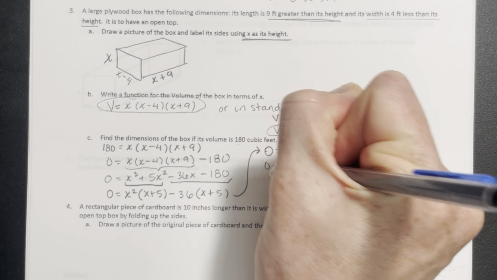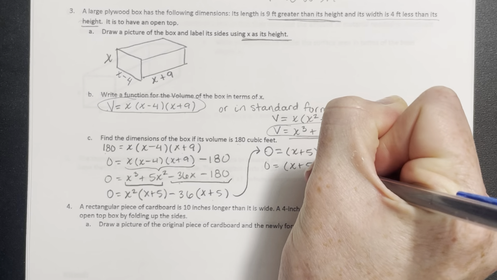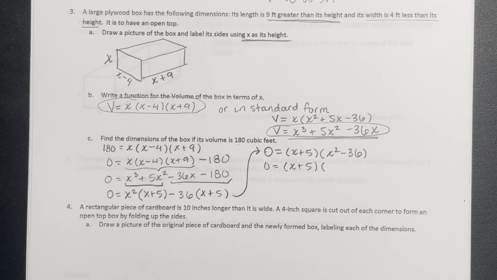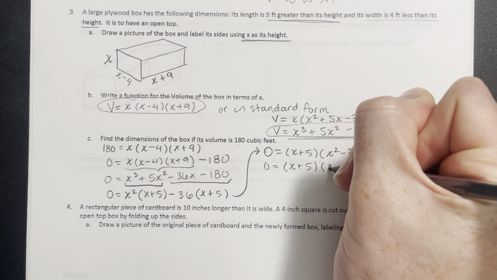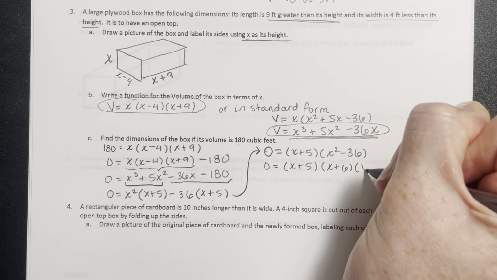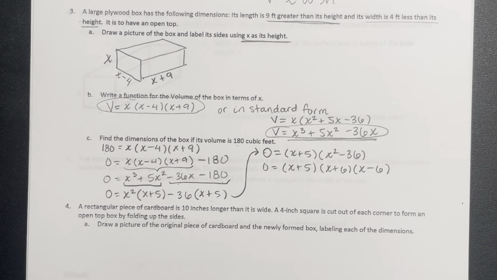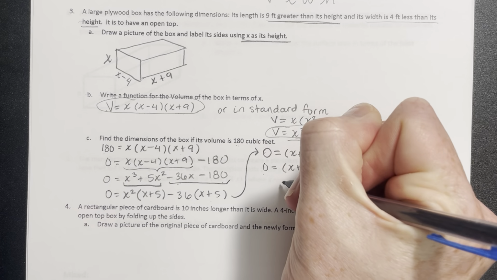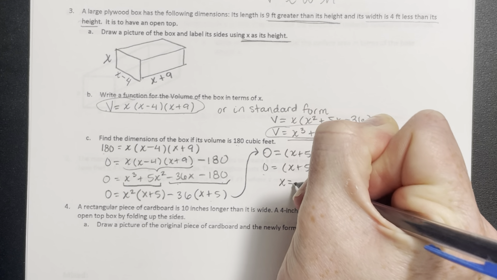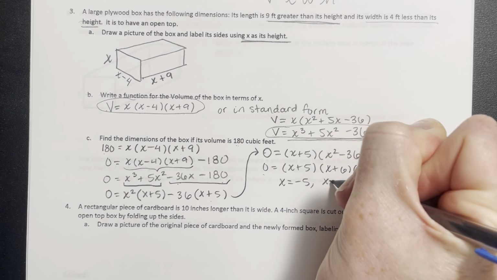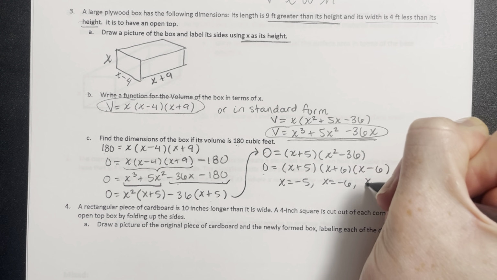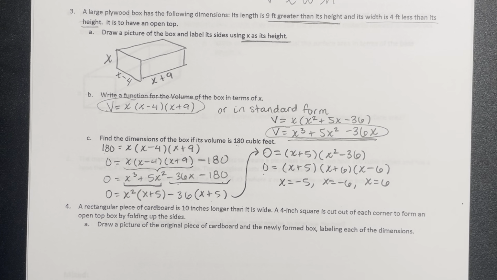So that would say 0 equals (x plus 5) times, and then if I factor x squared minus 36, that difference of squares would factor into (x plus 6)(x minus 6). This is a factored form polynomial equal to 0, so we can use that zero product property and get x equals negative 5, x equals negative 6, and x equals 6.